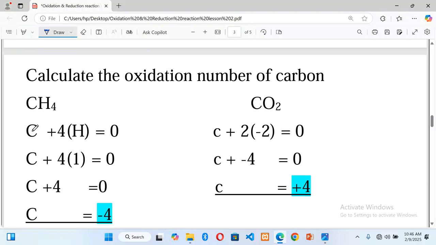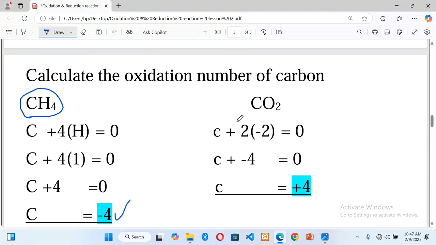So the oxidation number of carbon plus the oxidation number of hydrogen, but we have 4 hydrogen atoms, so 4 times the oxidation number of hydrogen, which is +1, is equal to 0. So we get carbon plus 4 equal to 0, and the oxidation number of carbon in methane is negative 4.